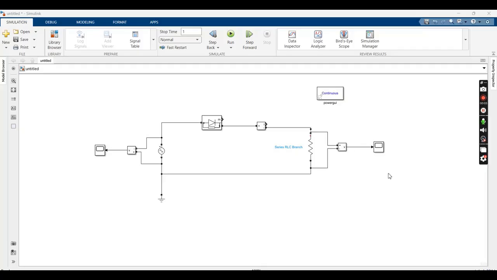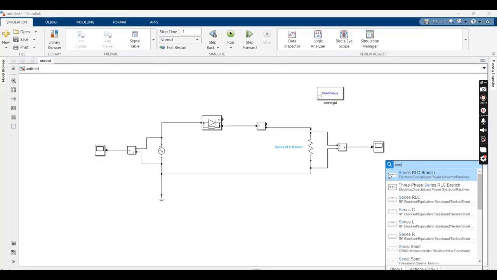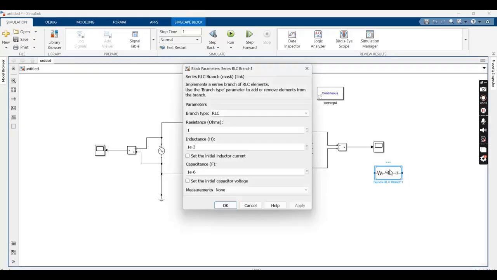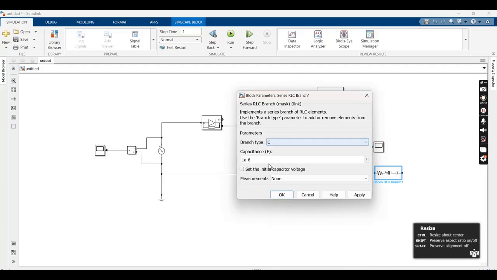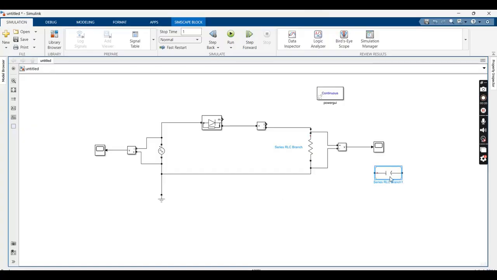Now we introduce a capacitor filter. If you add a capacitor in parallel with your resistor, the plot changes drastically.